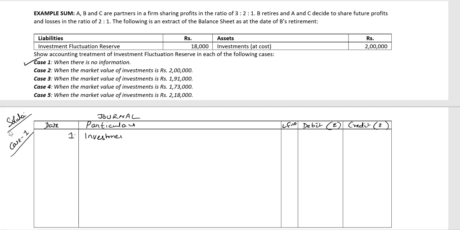Investment fluctuation reserve account debit, to A capital account, to B capital account, to C capital account.